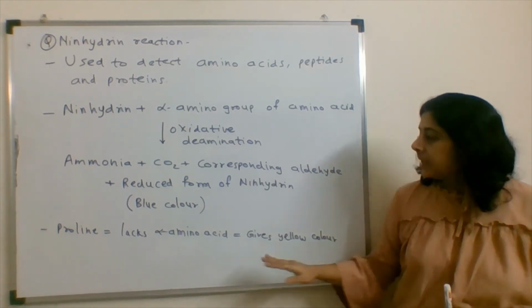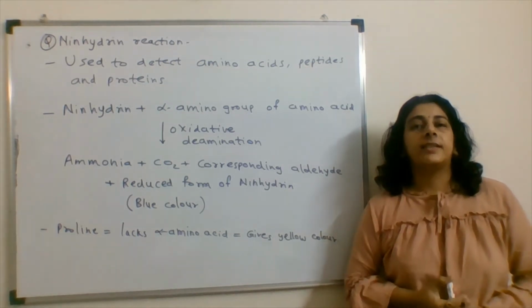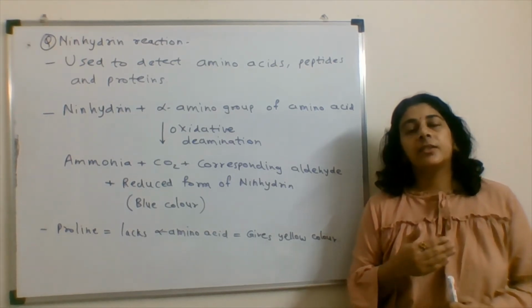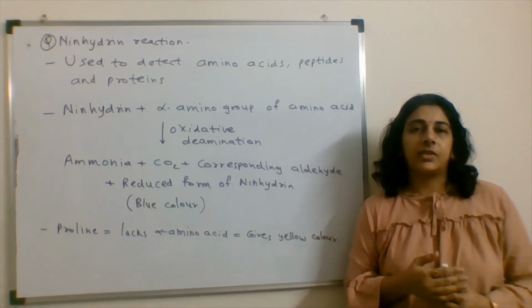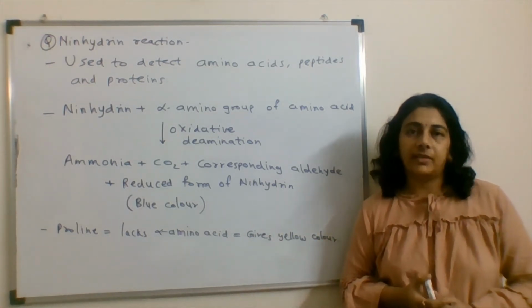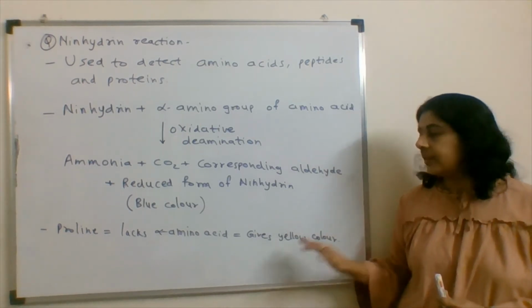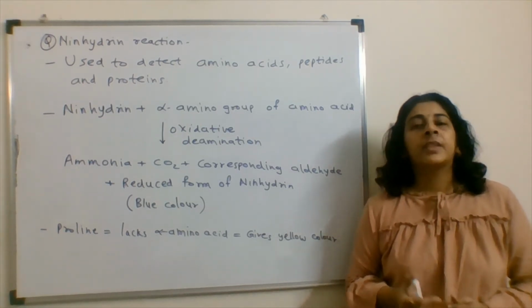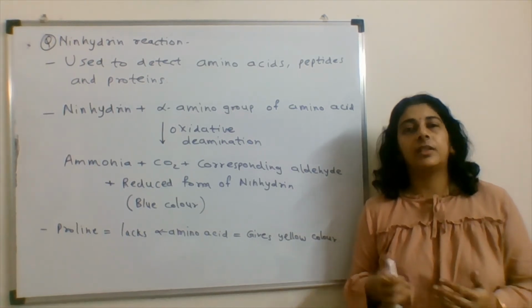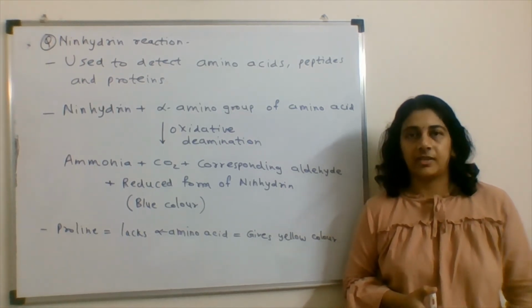Here proline is the amino acid which is having a cyclic structure. Due to that structure, this proline doesn't give blue color in Ninhydrin reaction. It gives yellow color. So if the proline is there in a solution, then we get a yellow color for the Ninhydrin reaction.